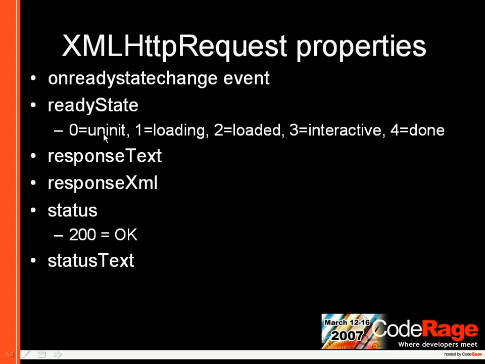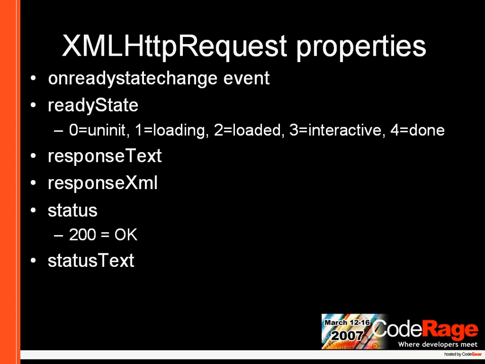There's a readyState property which can be 0 for an uninitialized request, 1 for loading, 2 for a loaded request, 3 for interactive when it's working, and 4 when we finally received our response. And only after 4 we can actually get our hands on the responseText or responseXML. Apart from the ready state being 4, we should also check the status for being 200 or the statusText for being 200 OK before we can actually use the responseText, because maybe something bad happened along the way.